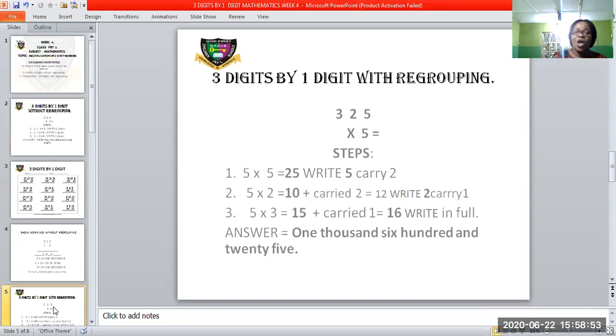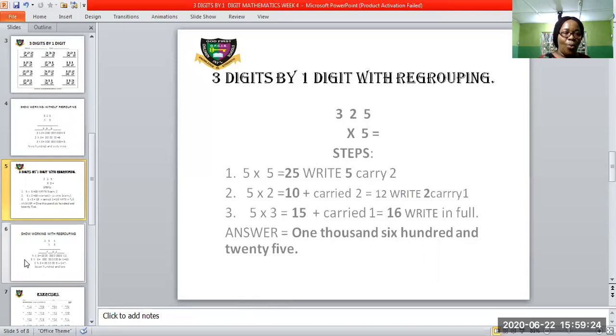Your calculation must always begin from the far right hand side, which is the unit part. Are we together? And also remember that when you arrive at your answer, make sure you write it in words. 1,625. Very good. Are we good?